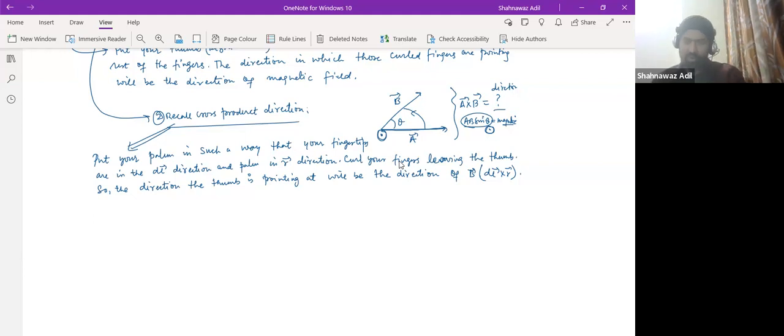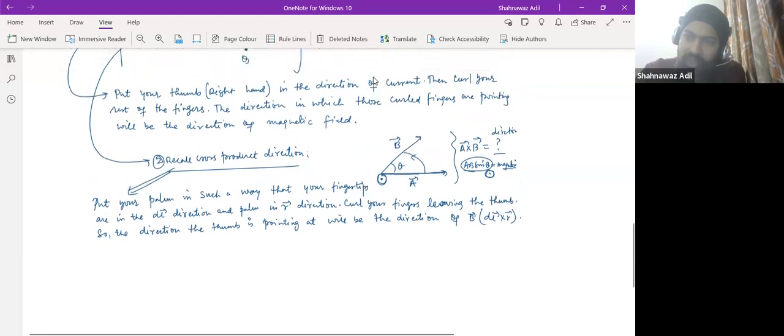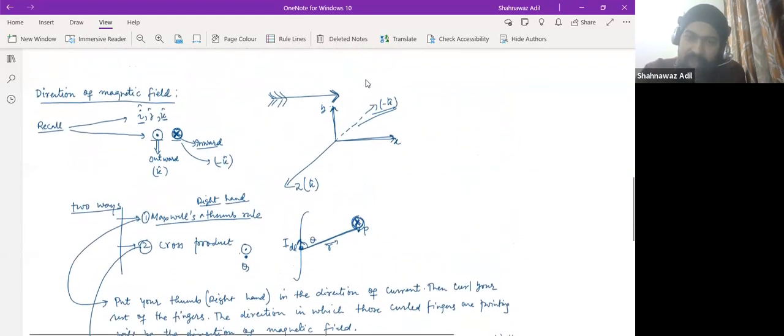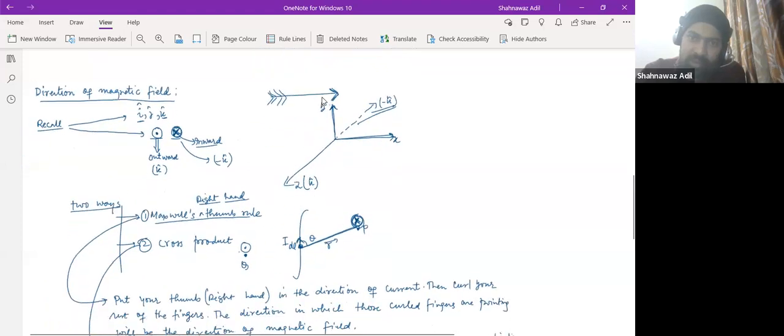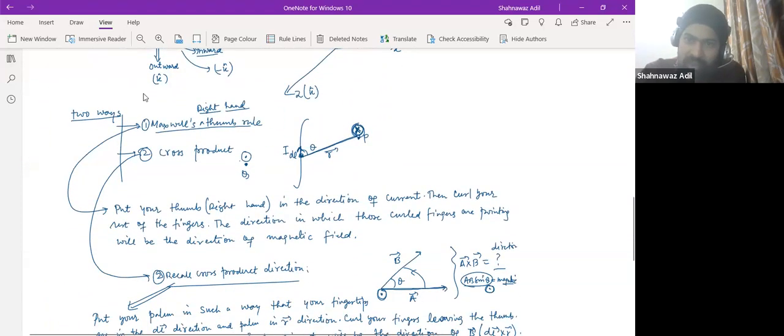Okay, so now let us understand what is the application of this Biot-Savart law. We have one question, but we will do that question in a later part.